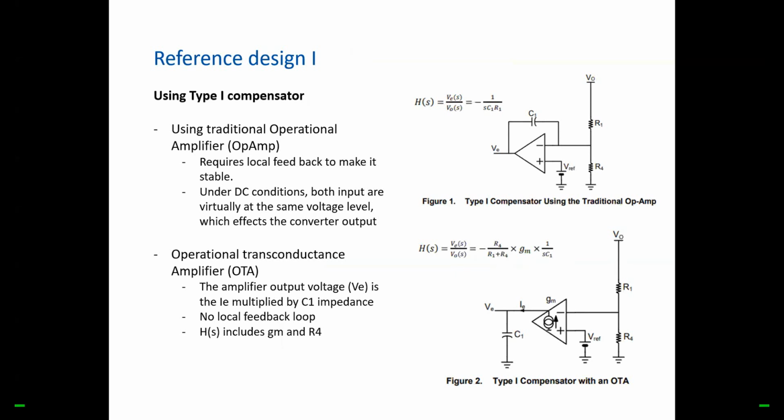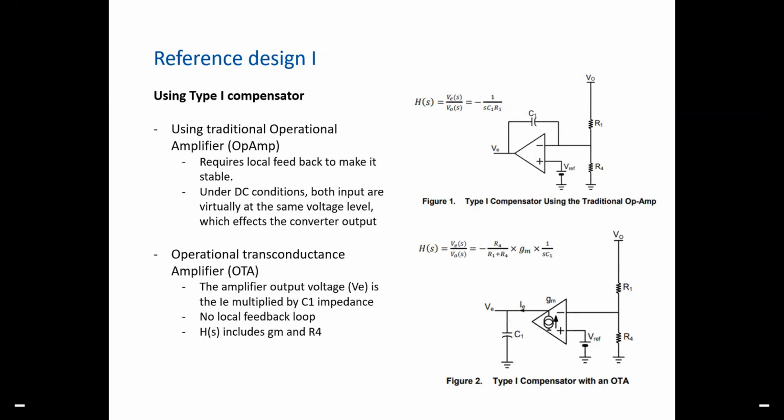For the type 1, type 2, or type 3 compensator, we can use either a traditional operational amplifier or an operational transconductance amplifier. The traditional op-amp requires a local feedback to make it stable.